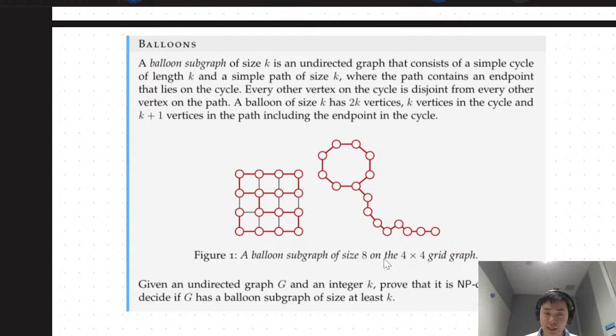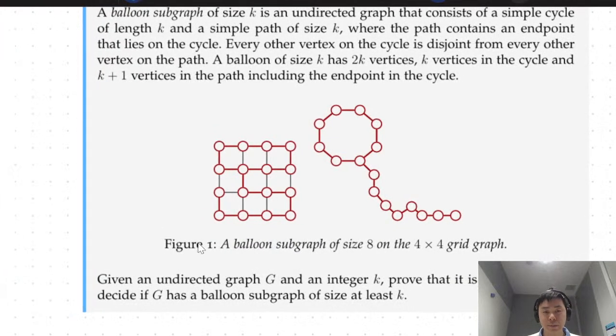So a balloon subgraph is an undirected graph that consists of a simple cycle of length k and a simple path of size k, where the path contains an endpoint that lies on the cycle. Every other vertex on the cycle is disjoint from every other vertex on the path. So in other words, it's just going to be a cycle followed by a path.